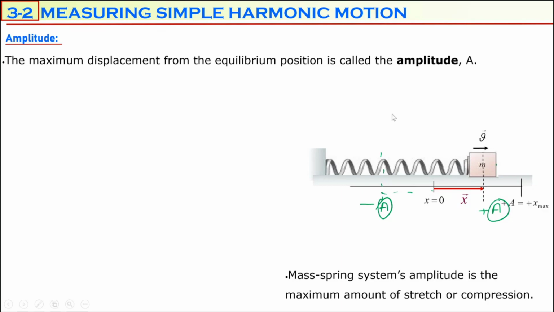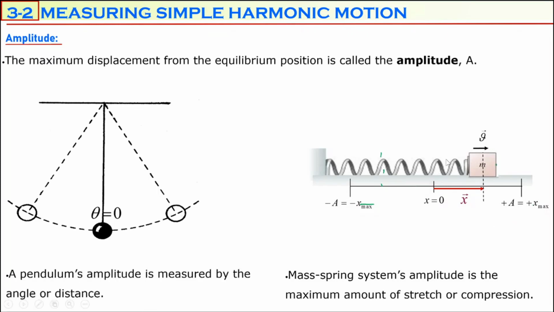But in a simple pendulum, this amplitude is measured by angle, mostly with angle, also with distance. When it says the angle, this is the angle. For example, on the right side of the equilibrium position, this is positive A. On the left side, this is negative A, with the angle. But your book is also adding distance. When it talks about distance, it is talking about arc length.